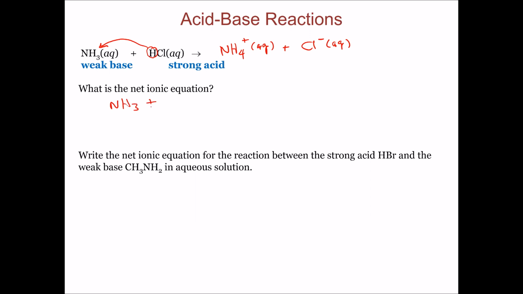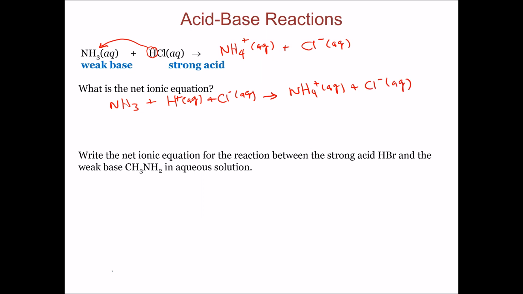Strong acids and bases are going to split in solution. So HCl is going to split into hydrogen ions plus chloride ions. On the other side, those are soluble ions, so they're already split.